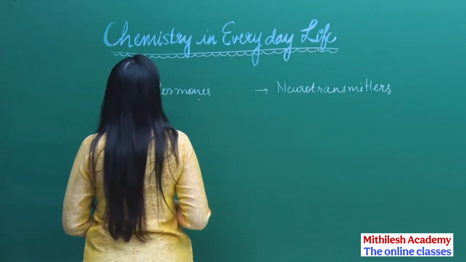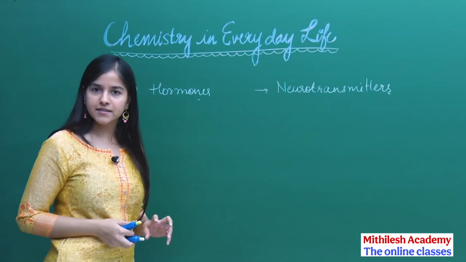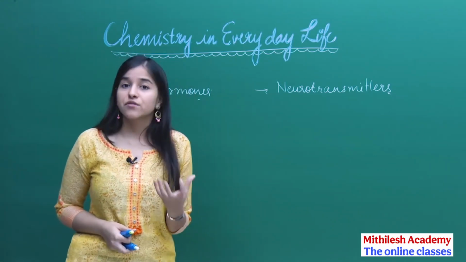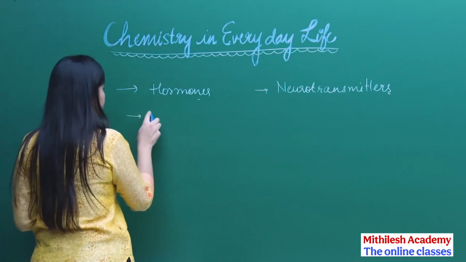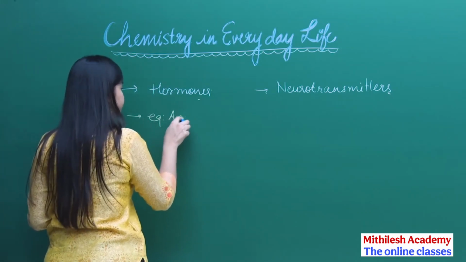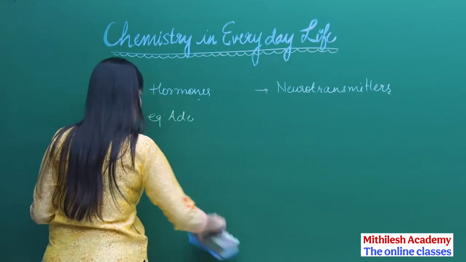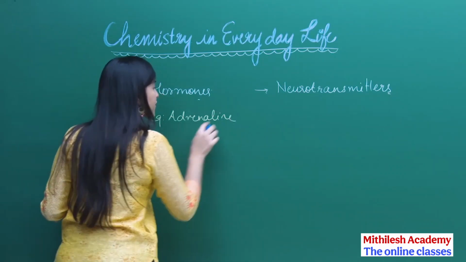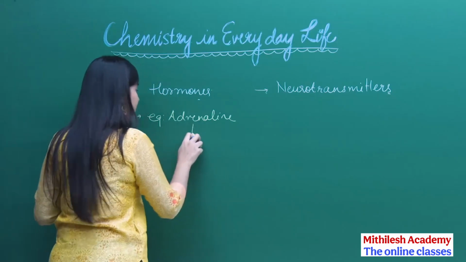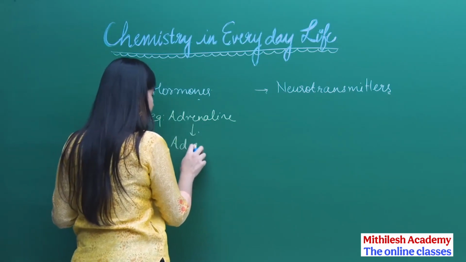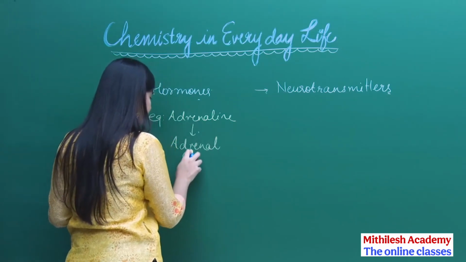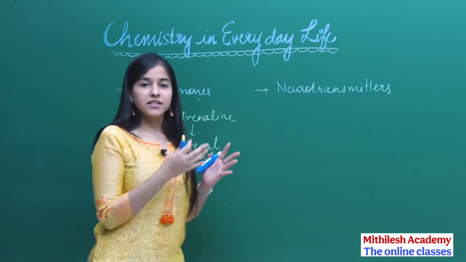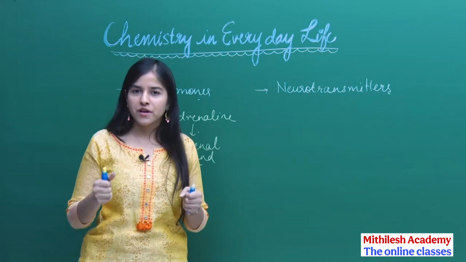Under the case of hormones, I had discussed adrenaline and I had told you what adrenaline rush is. Adrenaline is secreted by the adrenal gland. It develops a kind of strength in our body.